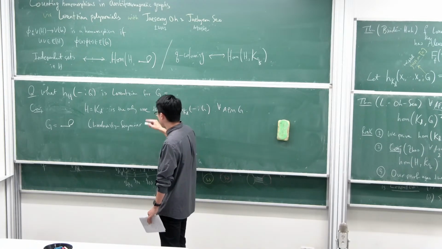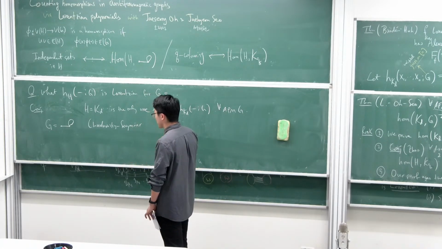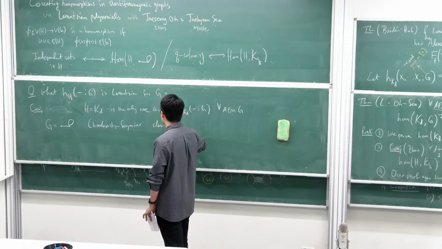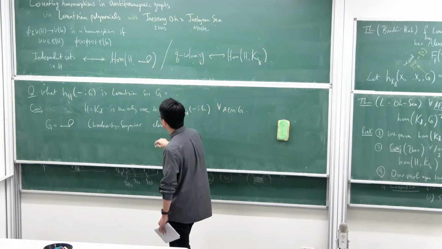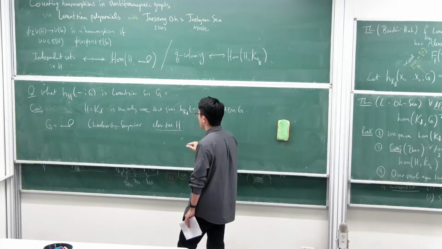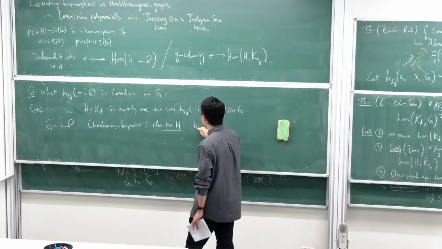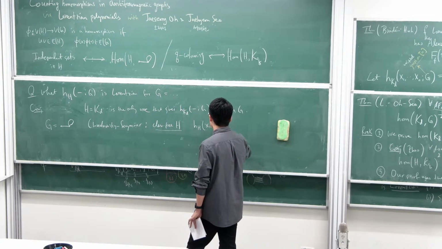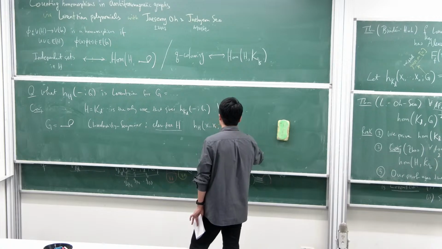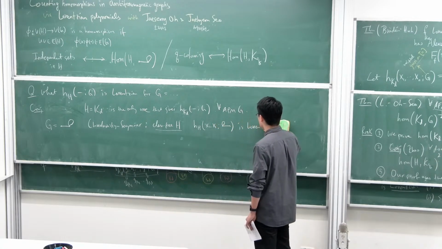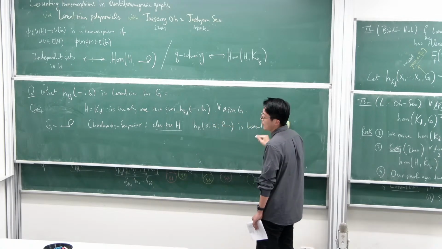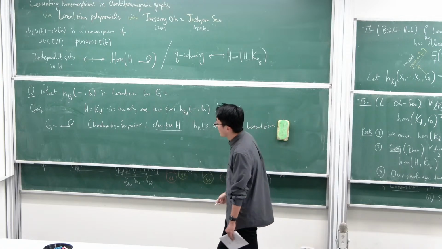So what they proved is the independence polynomial is real rooted whenever it is claw-free. So which means for claw-free H, your polynomial in x1, x2 is Lorentzian. So this can be phrased in that way.